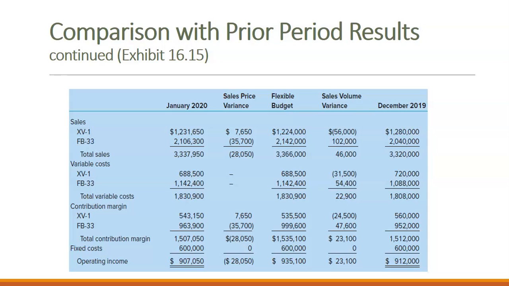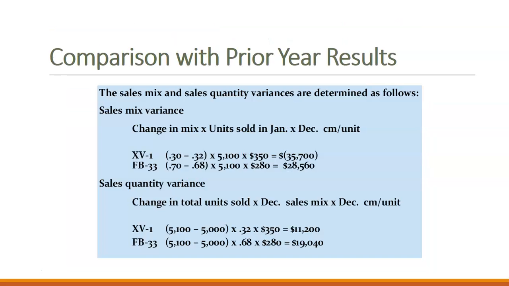So that contribution margin also changed. So then we can see the sales mix and sales quantity variances by looking at our sales mix, our change in mix in units sold from January to December. So in January we had 0.3 and in December it was 32%. And then our change in the quantity of our results.